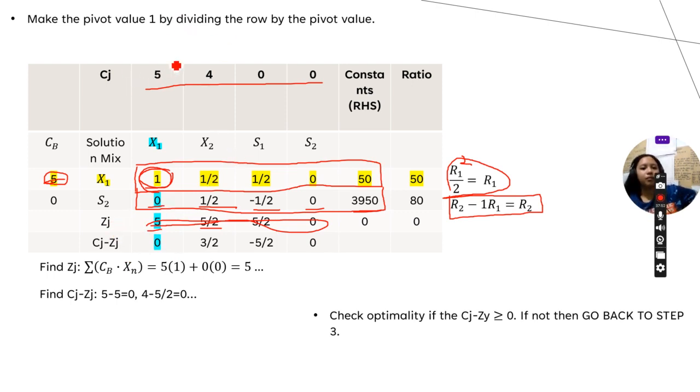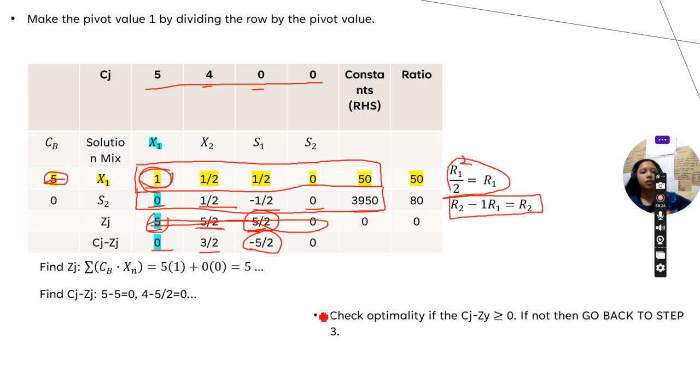So 5 minus 5 is 0. 4 minus 5 over 2 is 3 over 2. And 0 minus this is negative 5 over 2.